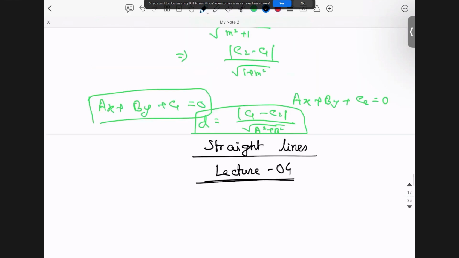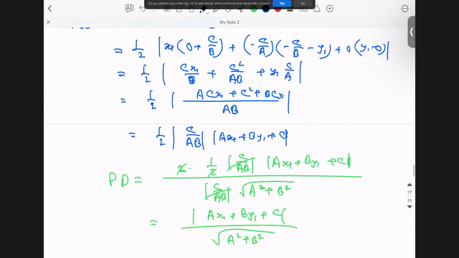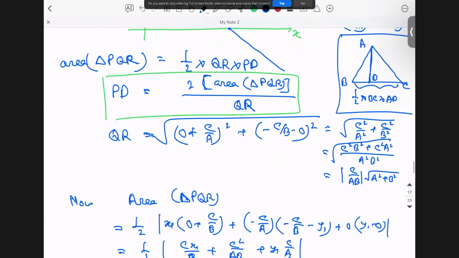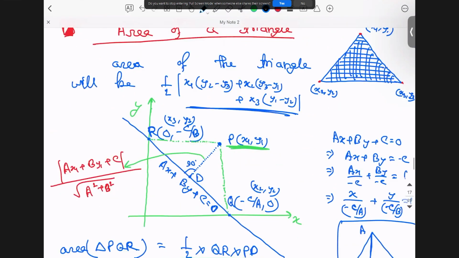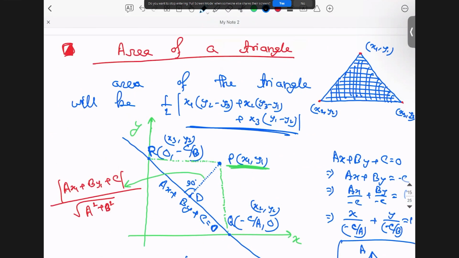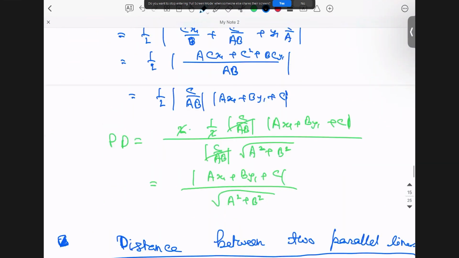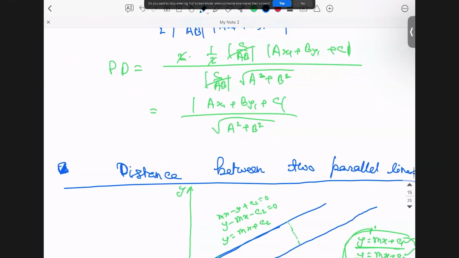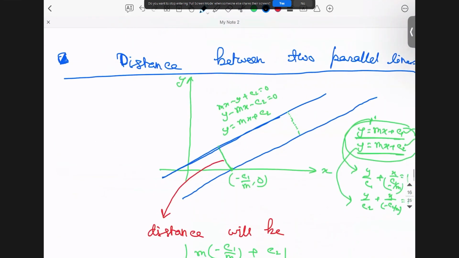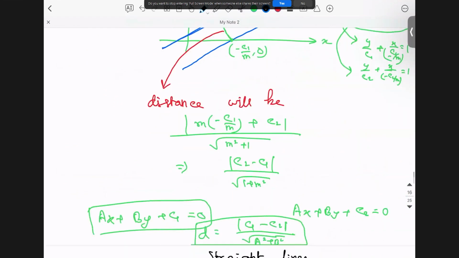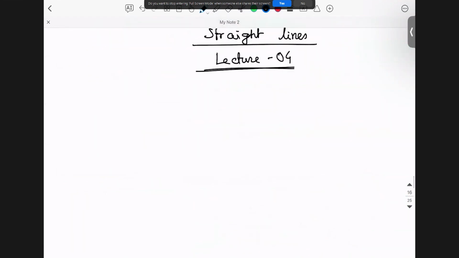And in the last class, we also discussed the distance of any straight line given in some simplified form from a given point, and the distance between two parallel lines. Okay, so let us today start with the recall of two concepts, not everything.